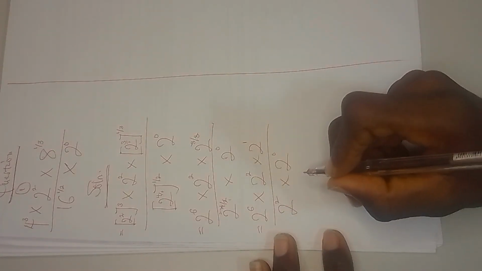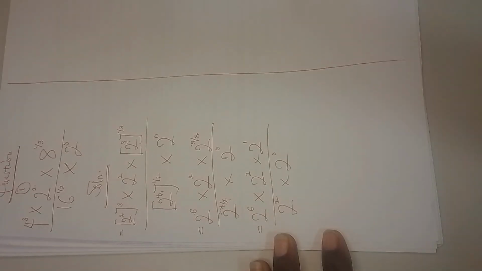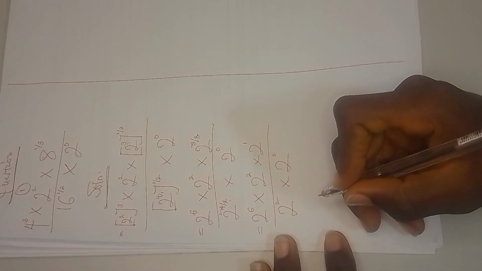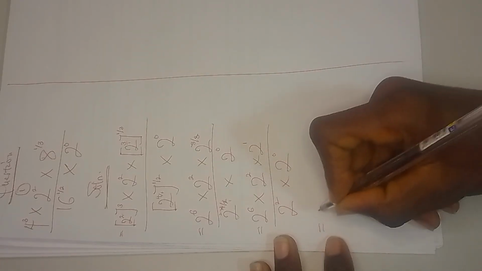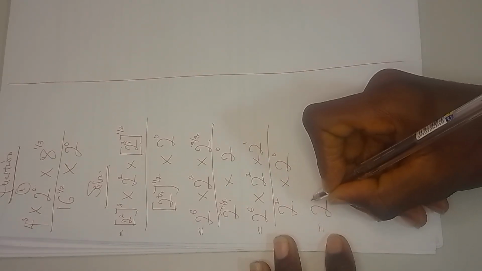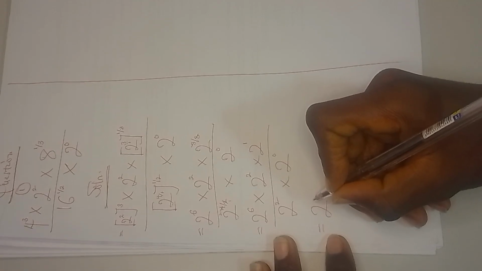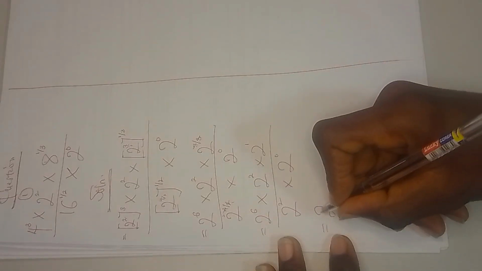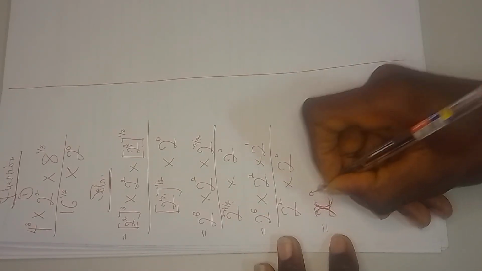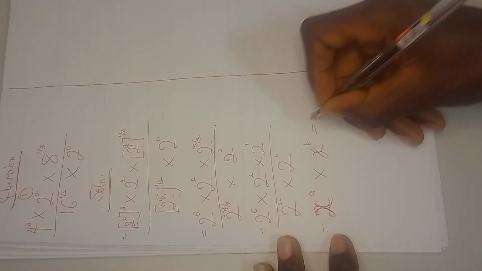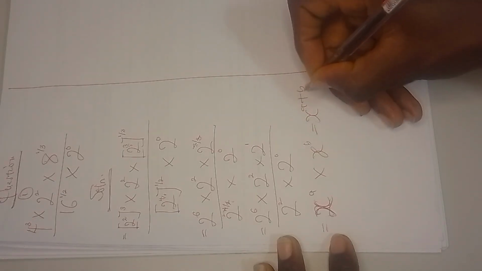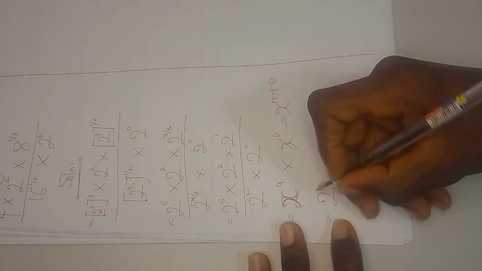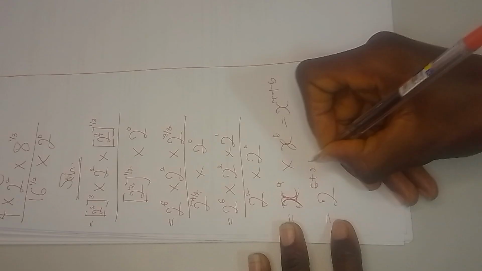So if you apply the first law of indices, that says x raised to the power of a multiplied by x raised to the power of b is equal to x raised to the power of a plus b, you will then get 2 raised to the power of 6 plus 2 plus 1.